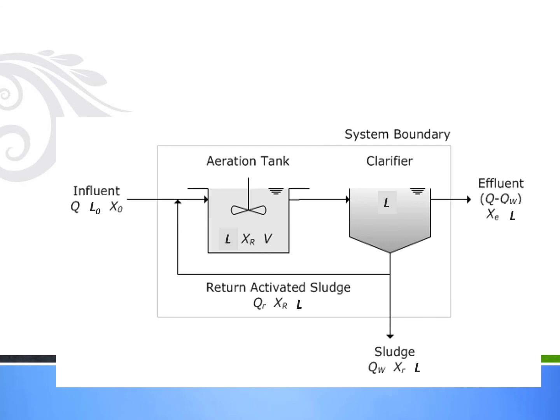This is the amount, and this is the microorganism level. Then this is the effluent, and this is the waste load, which will again enter the aeration tank after activated microorganisms are added into this sludge. Again, there will be some quantity of microorganisms present in the form of XR.